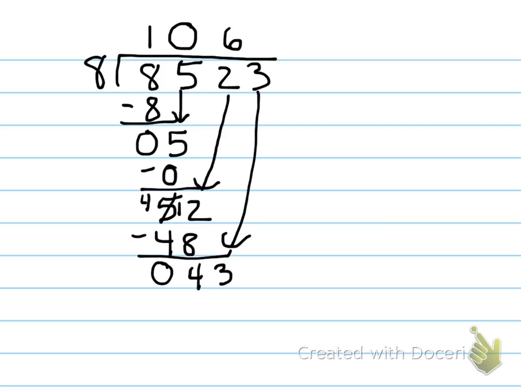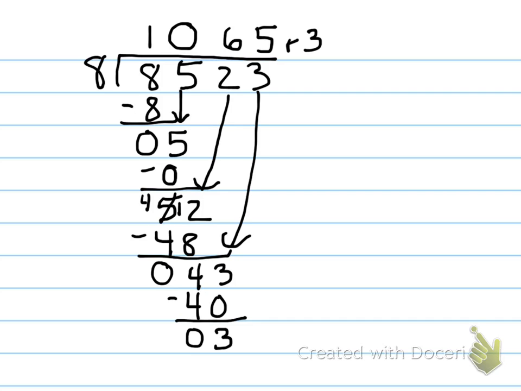Well, 43 divided by 8 would be 5. Okay, 5 times 8 is 40. Subtract. And you're left with 3 because we've used all of the numbers in our dividend. So it would be remainder 3.